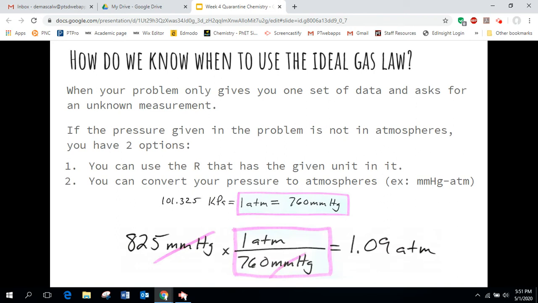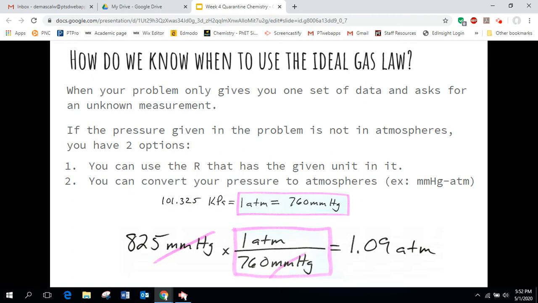Now, when do we use this gas law? Anytime you're given only one set of data. They ask you, what's the volume if you have 3 moles of gas at 4 atmospheres of pressure and 37 degrees Celsius, which would be 273 plus 37 is 310 Kelvin.